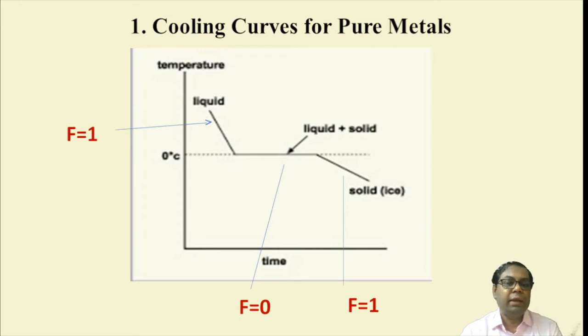So until the entire mass of the ice is completely converted to pure liquid, there will be no change in temperature, although we are putting some heat on it. Then as soon as it is completely converted to pure liquid, with the application of heat energy, the temperature will increase, and that is shown over here. F1 and F0 indicate the number of phases present over here.